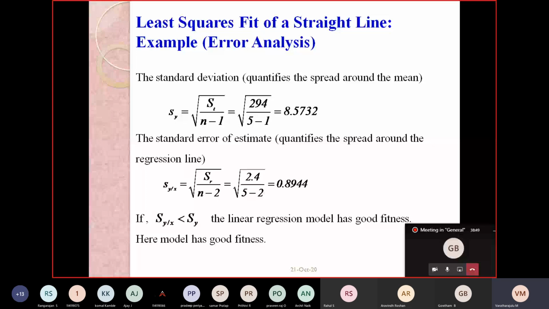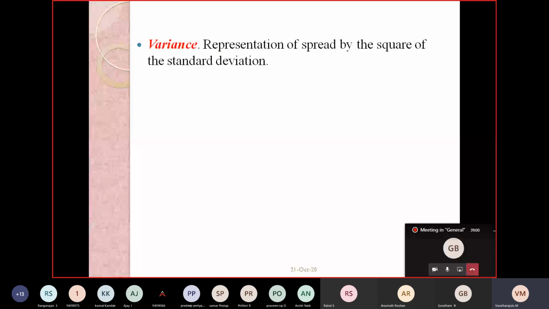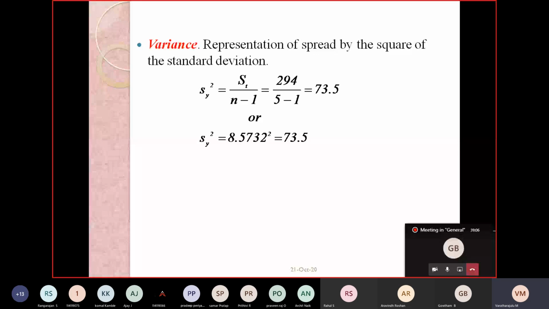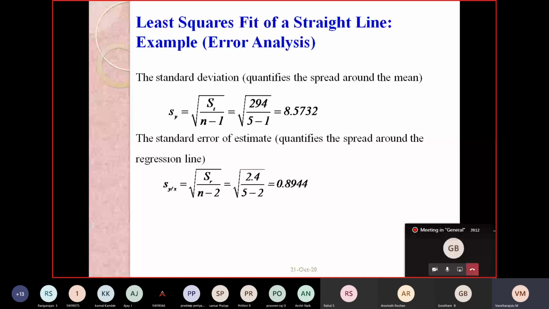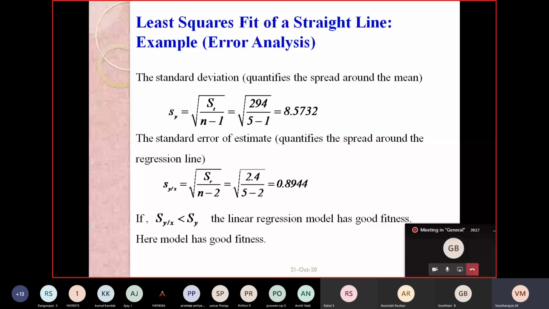And these are all the rest of the information related to the statistical model, but it is out of scope. What do you have to know? You need to be aware of the calculation of Sy and Syx, and with the aid of St and Sr we need to calculate them.